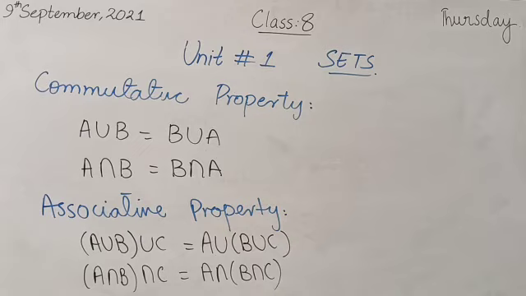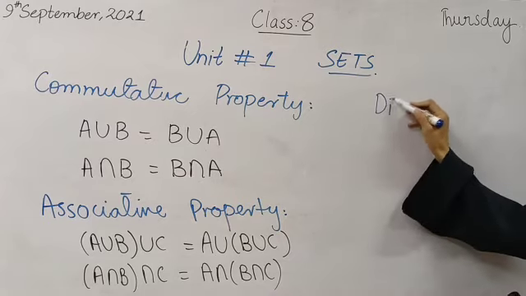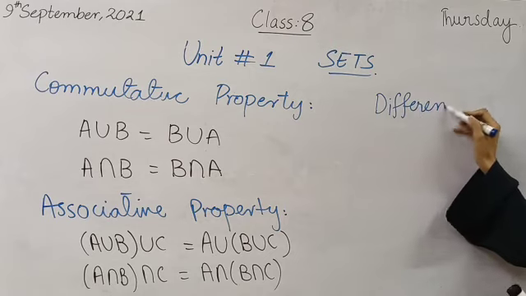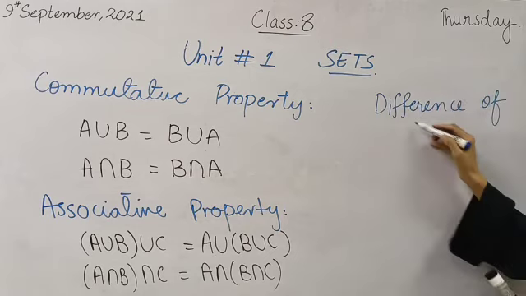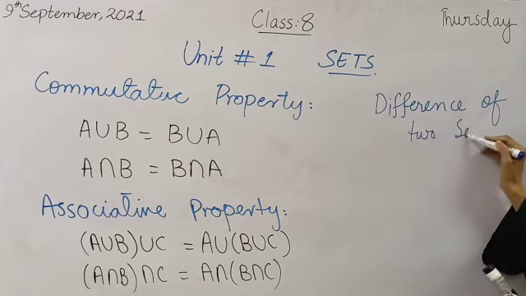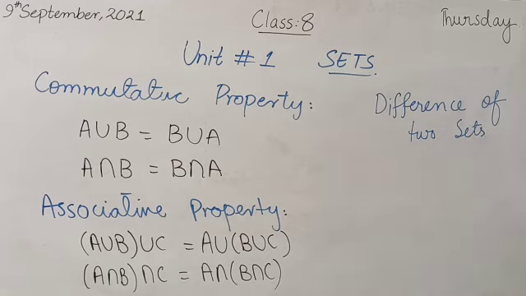Commutative property, associative property, then see difference of two sets. We have discussed it earlier that difference of two sets can never be equal.